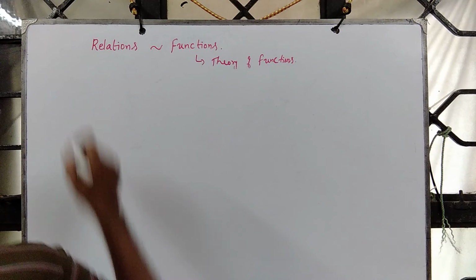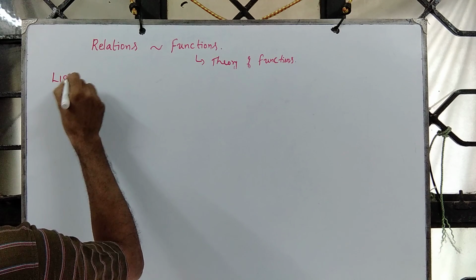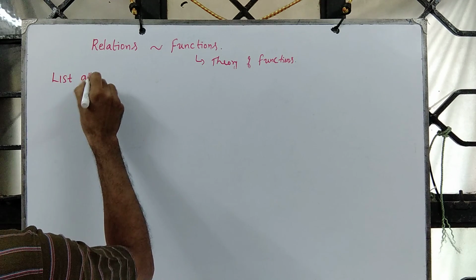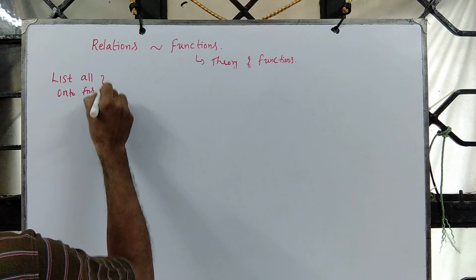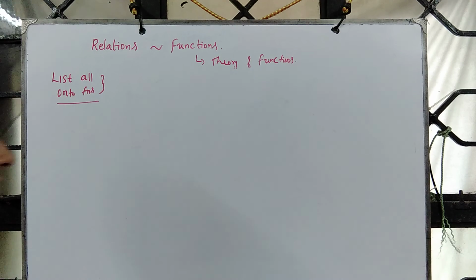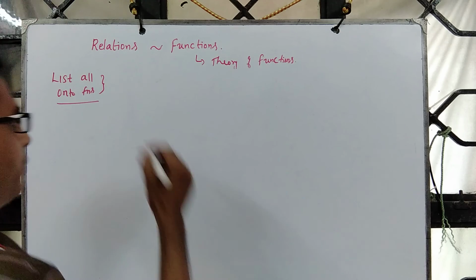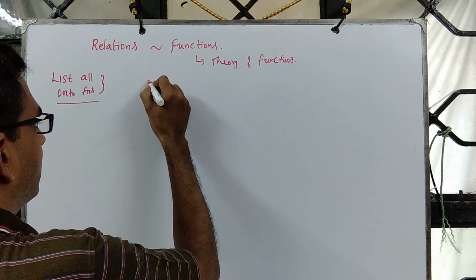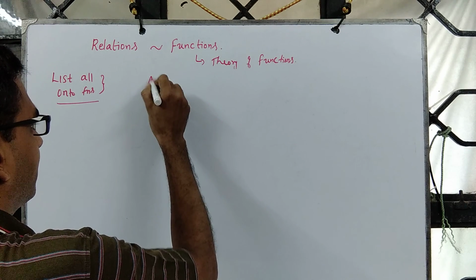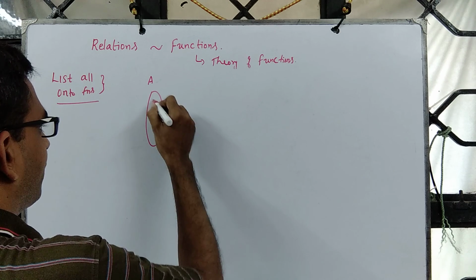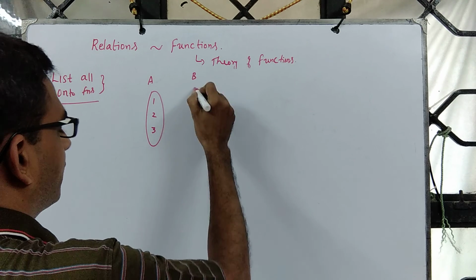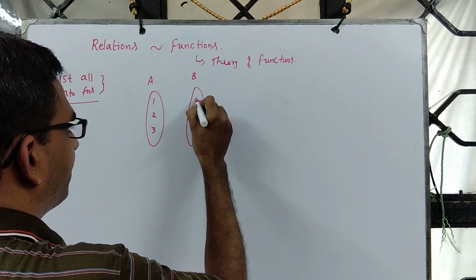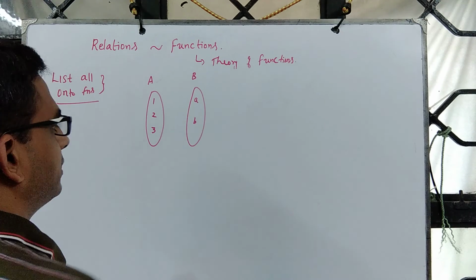So let us count how many different onto functions there are. Let us build our counting process through examples. So consider the set A, which has say 3 elements. Consider B, which has this.